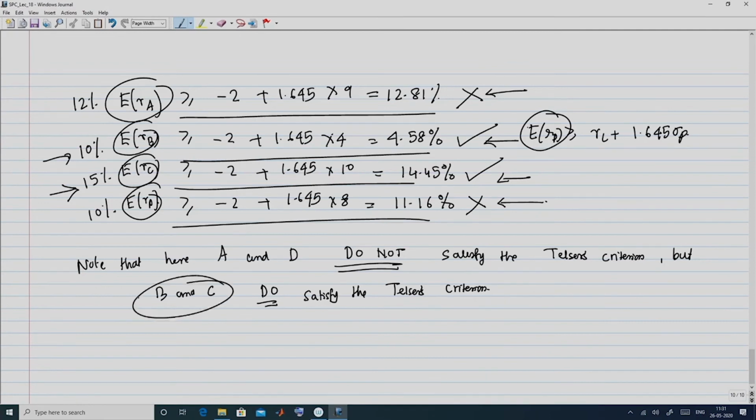So, now basically we have to choose one amongst B and C. Now, since among B and C, C has a 15% return which is higher than 10%, C has the highest expected return.